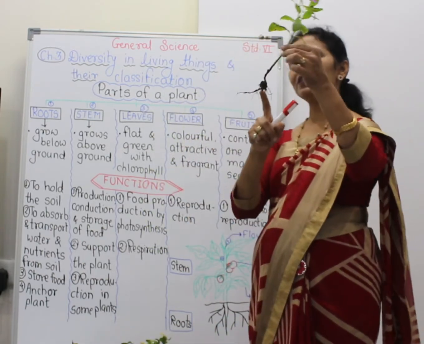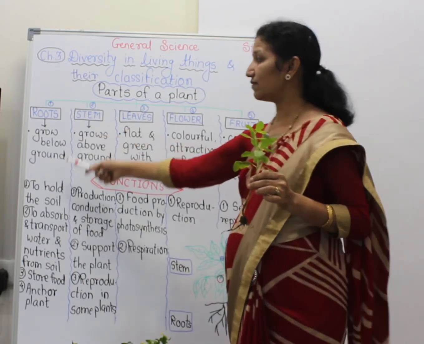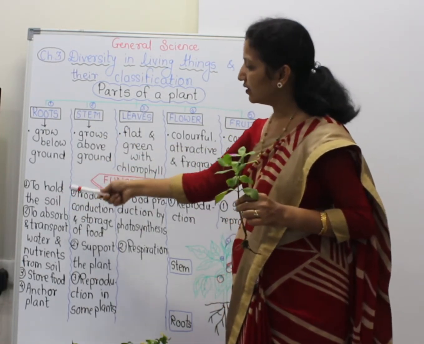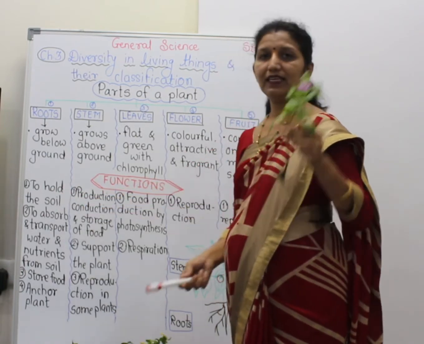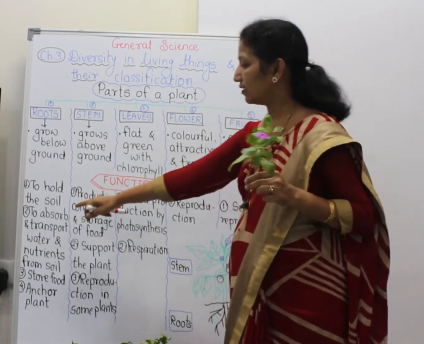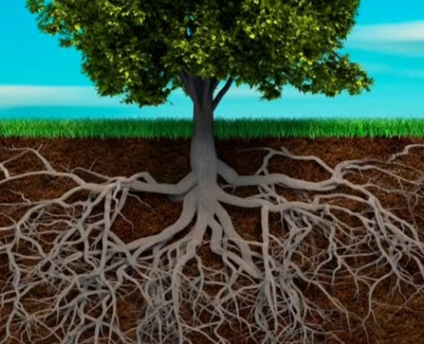See, these are roots, they grow below the ground. And what is the function of these roots? To hold the soil. These roots hold the soil and absorb and transport water as well as nutrients from the soil.